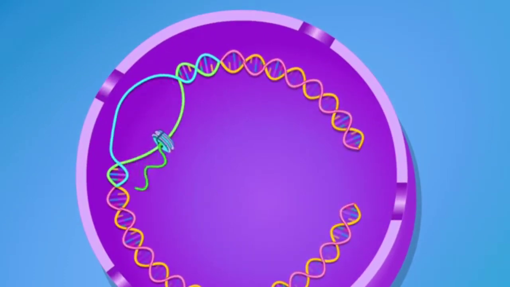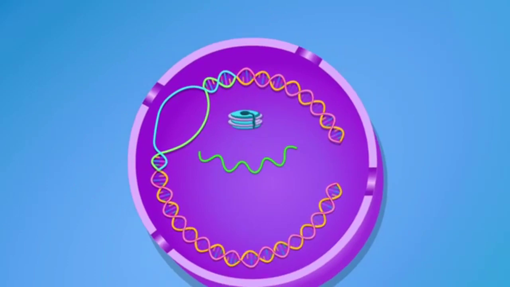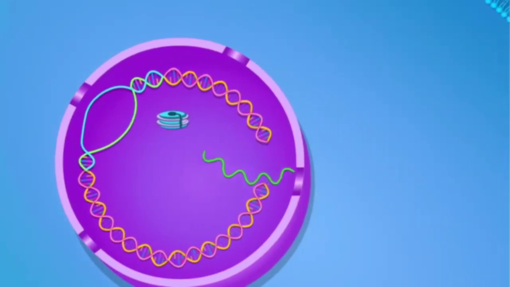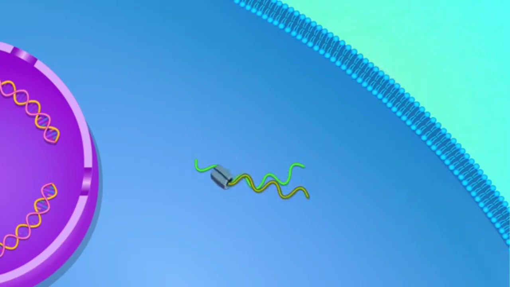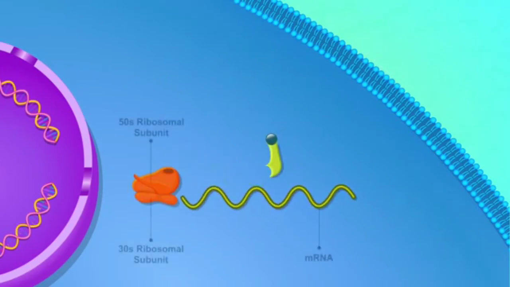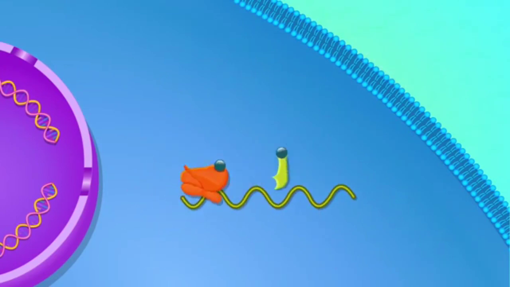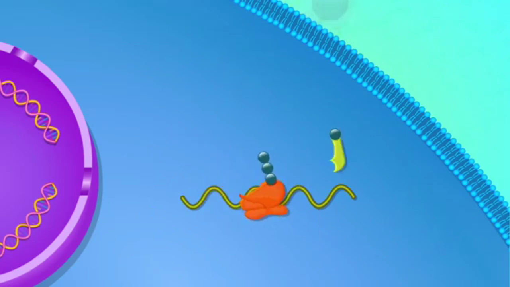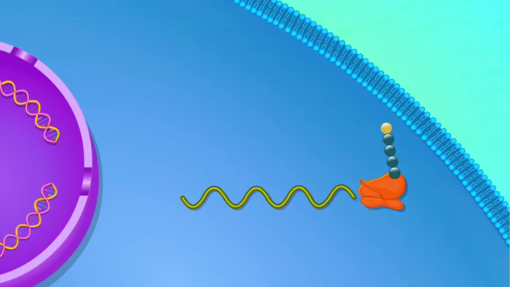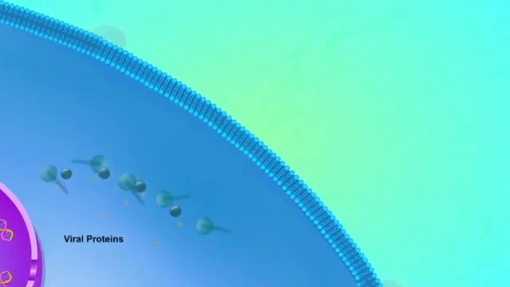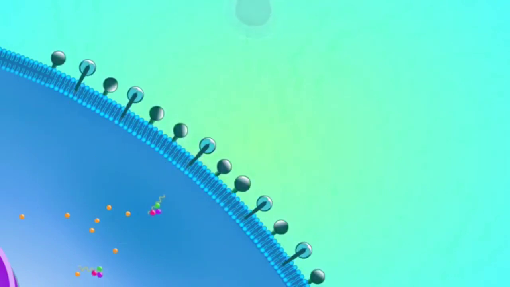Transcription of the DNA within the nucleus now results in the production of viral RNA. This viral RNA can serve as the genome for new viruses and can be used as messenger RNA to produce viral proteins during translation by the ribosomes. Complete viruses are assembled and released from the cell via exocytosis, which causes little harm to the macrophage.